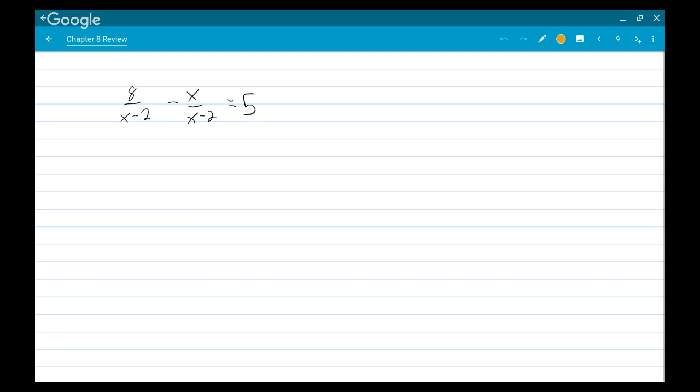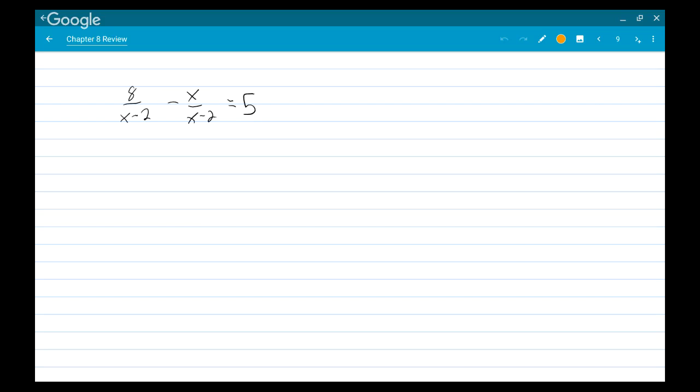Last one. This one should feel a little more familiar because we've just done it recently, and it's solving, okay? So when you're solving, really what you're trying to do is get rid of those fractions as quick as you can, okay?